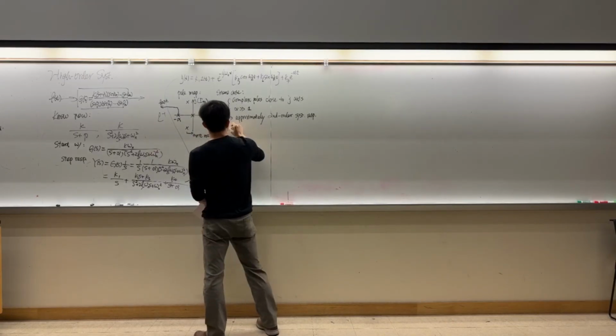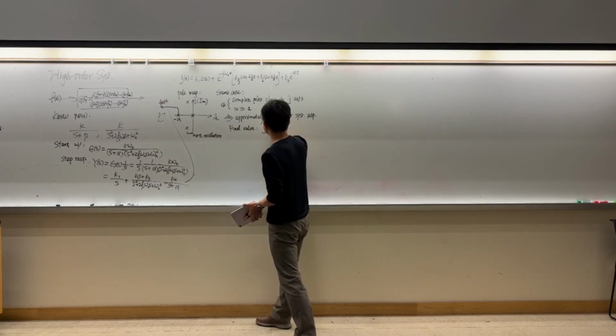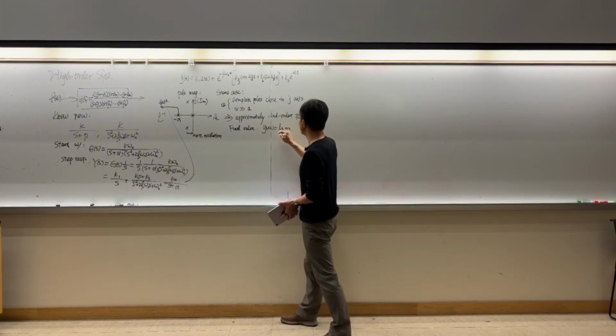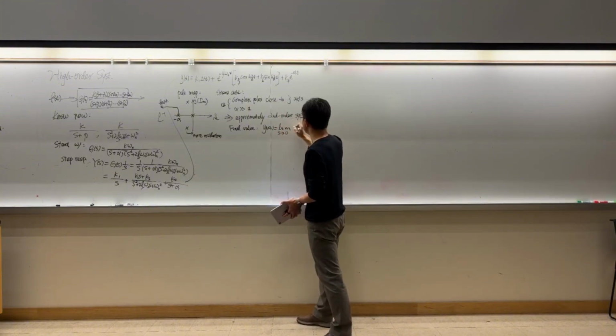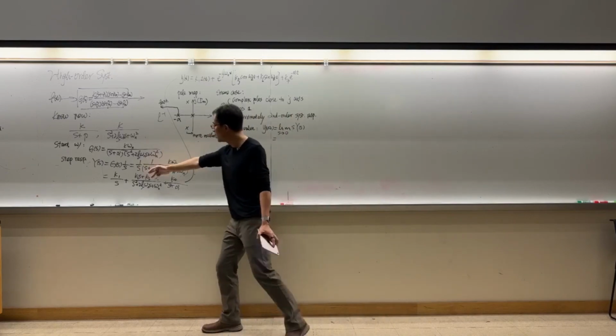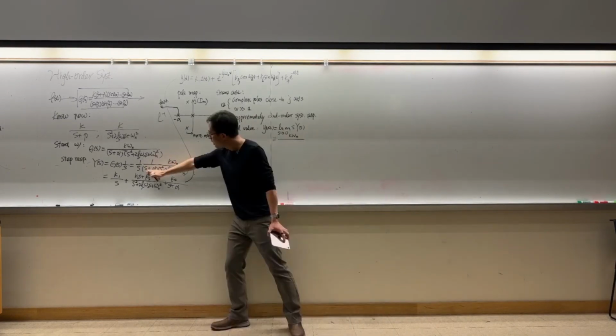The final value of the response, using the final value theorem, y infinity equals s at 0, s times Y of s. After some calculation, it equals k omega n over s at 0.